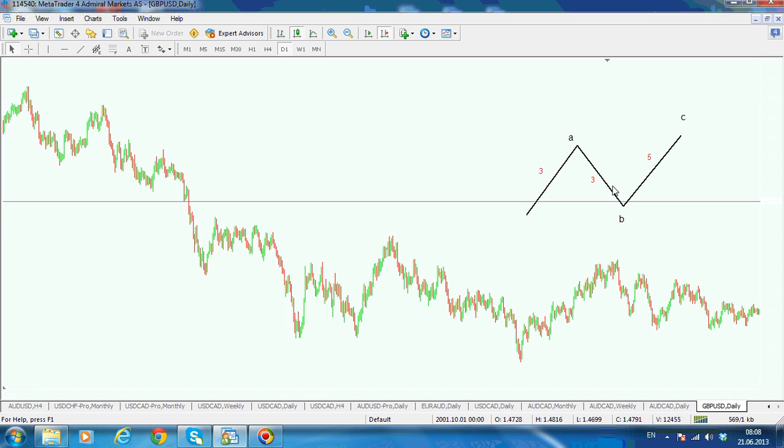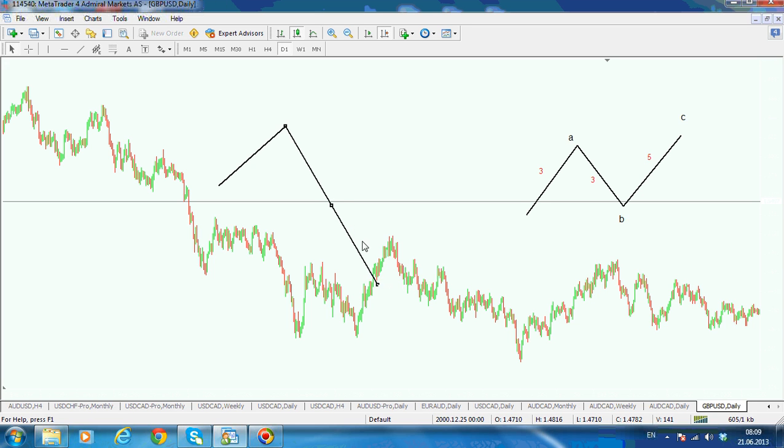Wave B is less than 2 times the price movement of wave A, including internal points of wave B. What does it mean? It means that if this is the A wave, then the B wave should be less than 2 times wave A. That means the maximum distance for the B wave should be 2 times wave A. If you have a B wave that goes something like this, this should not be considered a flat anymore, because it is more likely an impulsive move, because you already have an extension for this possible third wave.